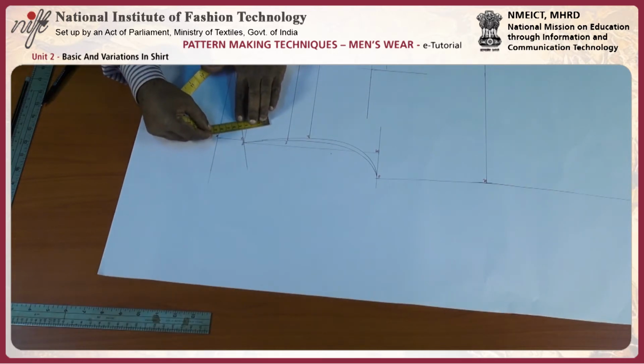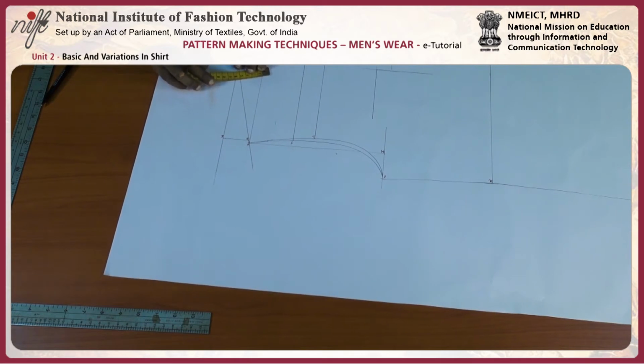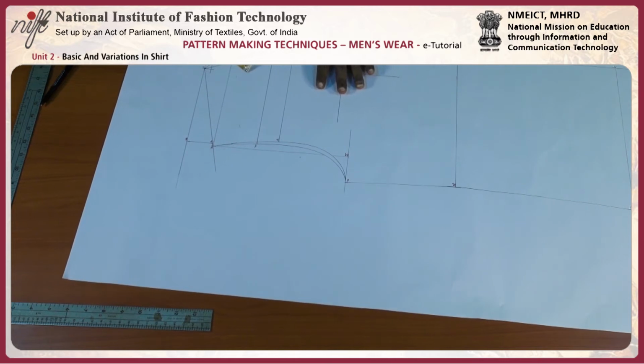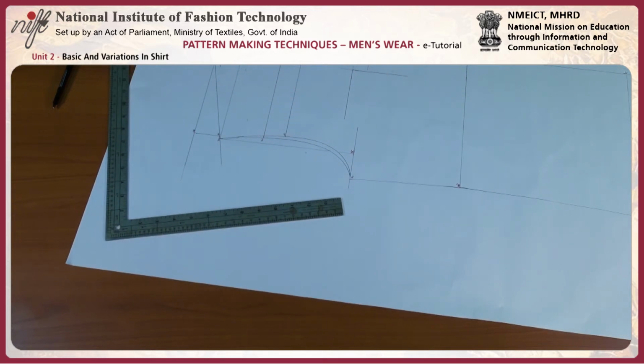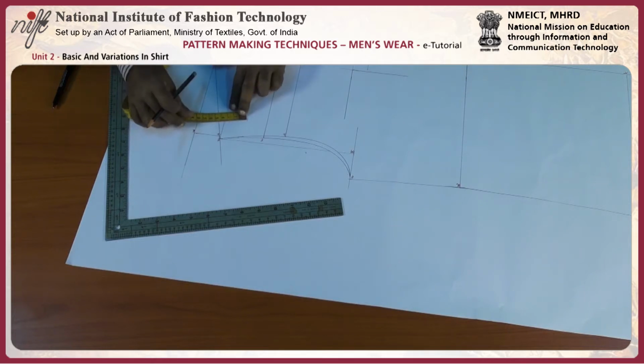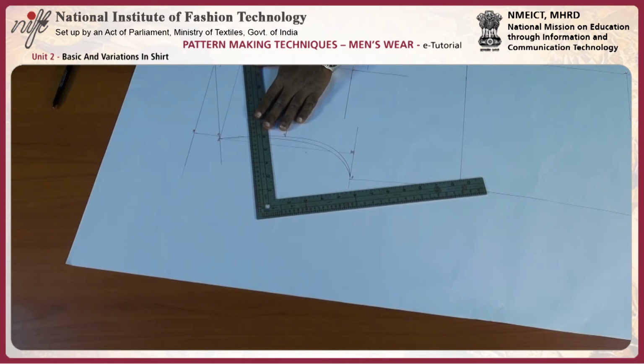For that you can measure 4.5 centimeter parallel to natural shoulder and draw a line. It should be 4.5 centimeter.